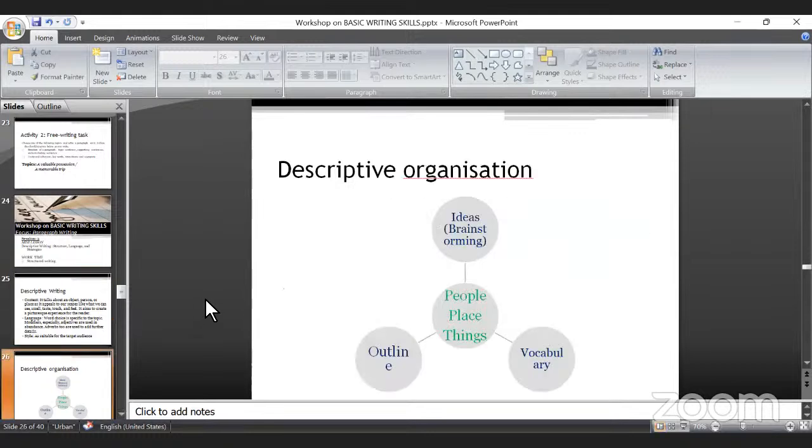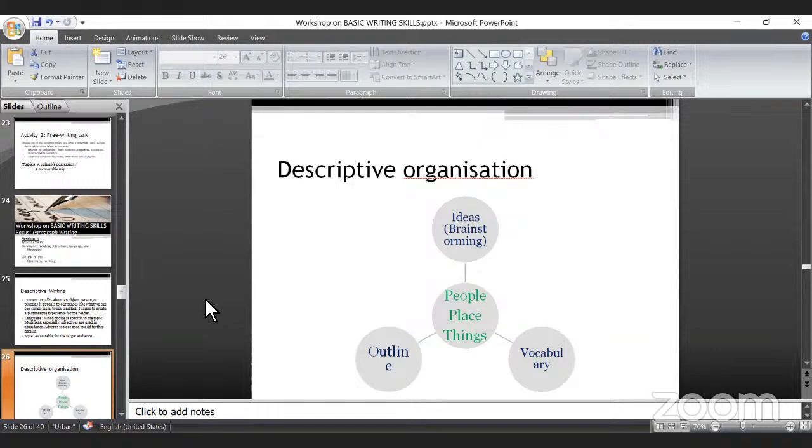Then we're going to look at the organization in descriptive writing, right? First thing is, of course, ideas, right? You jot down what you want to write about. You brainstorm about it. Because in descriptive writing, the basic descriptive writing focuses mostly on describing people, place, things.